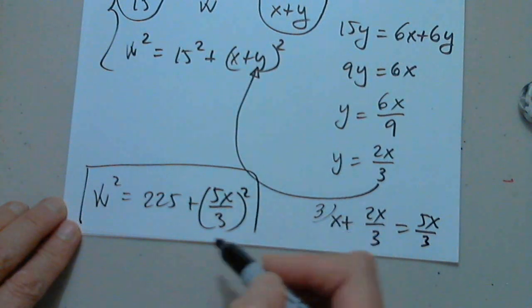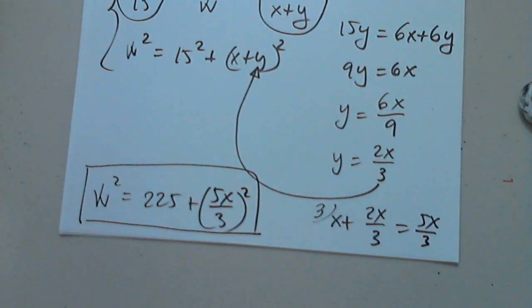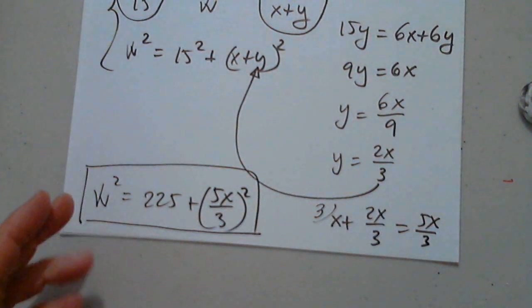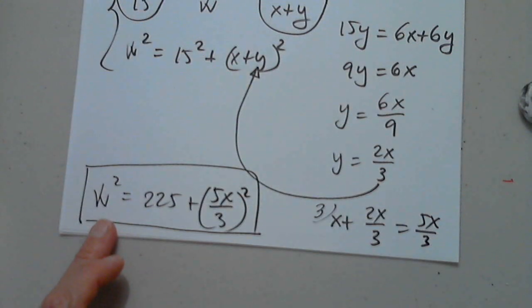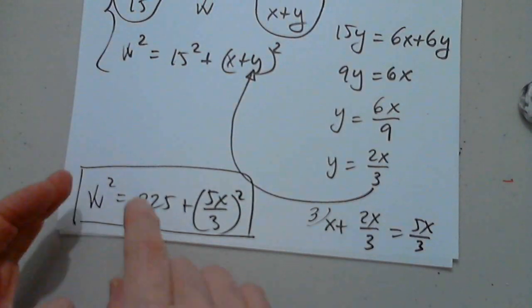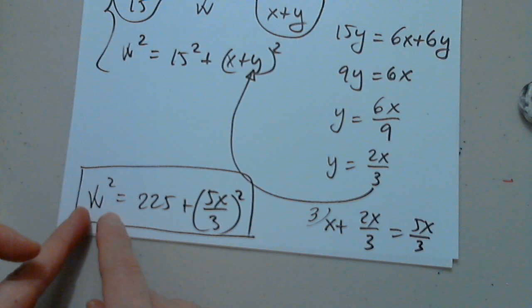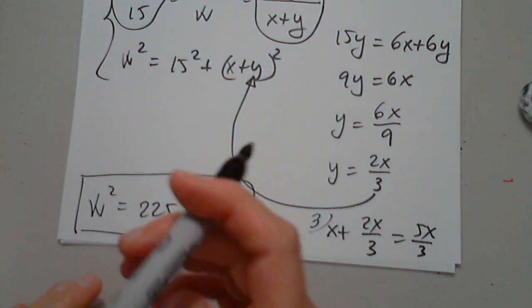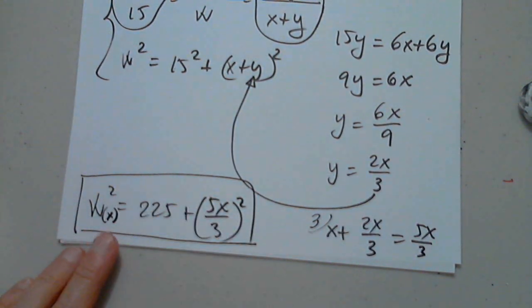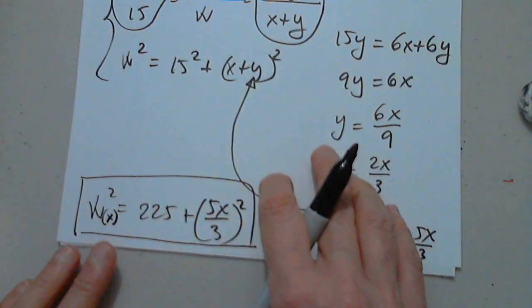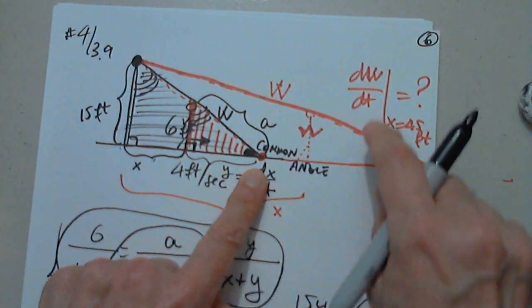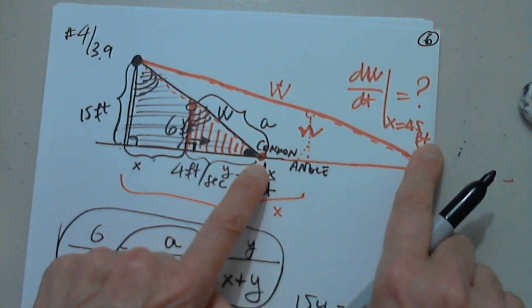Nice. But nowhere near the answer. We're happy because we have an expression for W, and now I can say that this expression is indeed of one variable, and I will determine dW over dt and then plug in 45.